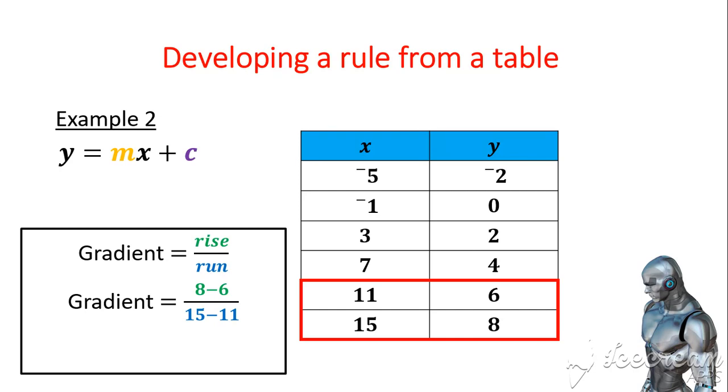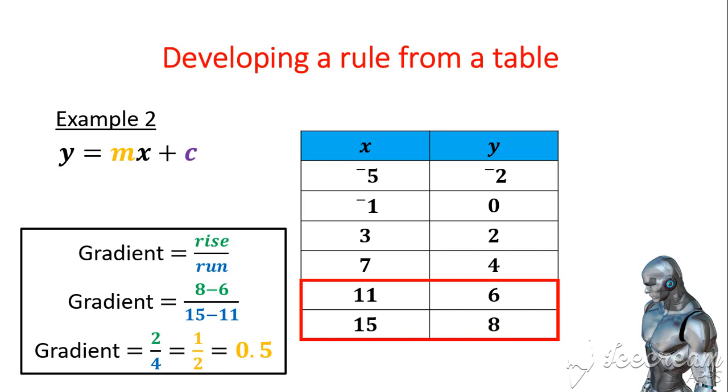And to work out the run, we take the second x value, 15, and subtract the first x value, 11, so 15 minus 11. So the rise, 8 minus 6, is 2, and the run, 15 minus 11, is 4. So the gradient gives us 2 over 4, 2 quarters. Now that simplifies down to 1/2, or if you prefer to work in decimals, 1/2 is equivalent to 0.5. So we've worked out the gradient of 0.5.